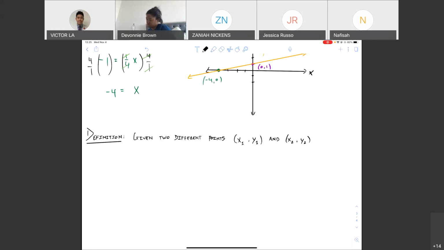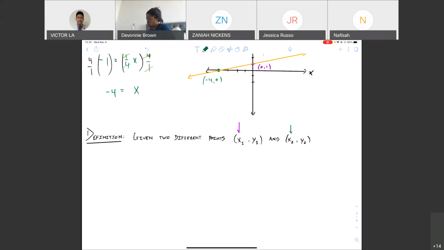And the reason we write it out with the little subscripts is to show that this x right here in purple is different from this x. They could be the same, but they are not necessarily the same, right? So I'll say that again.